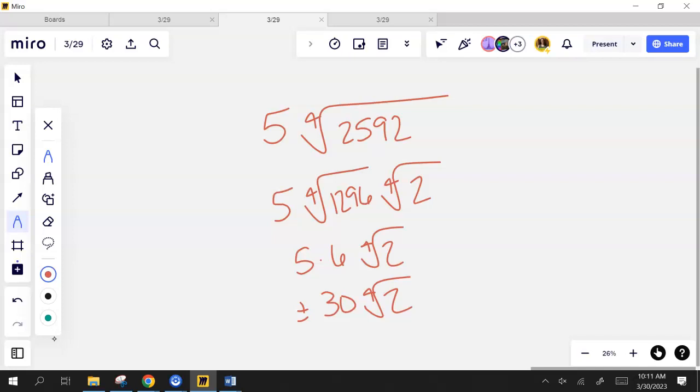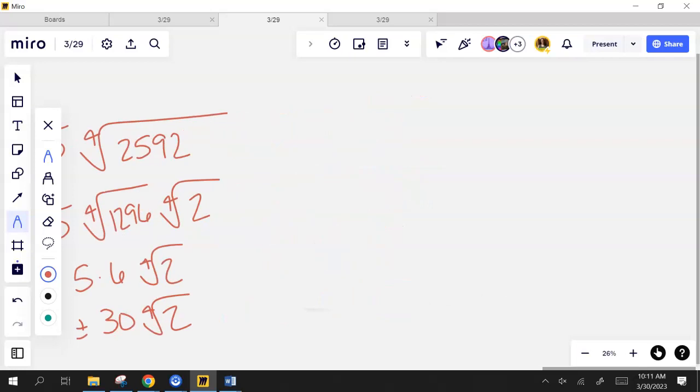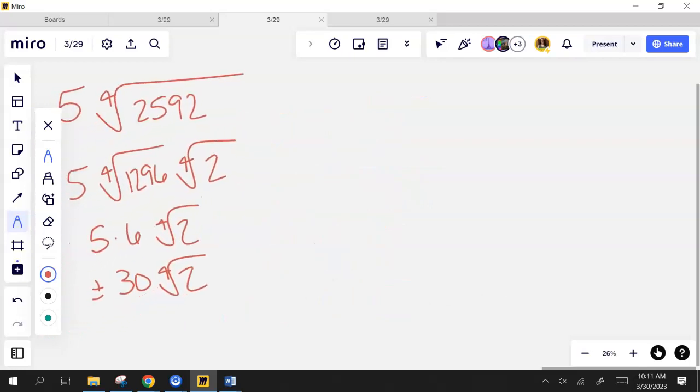What if we have variables in here? Any idea how to simplify that?